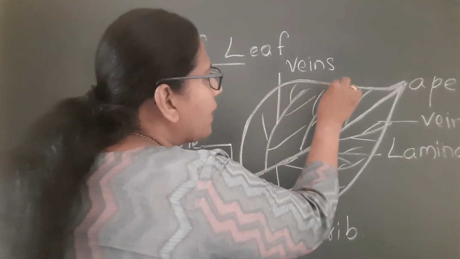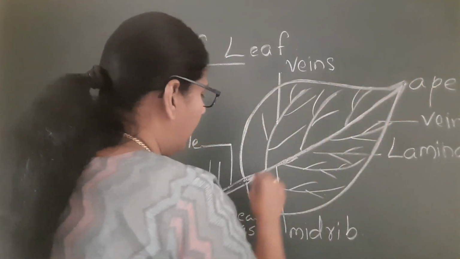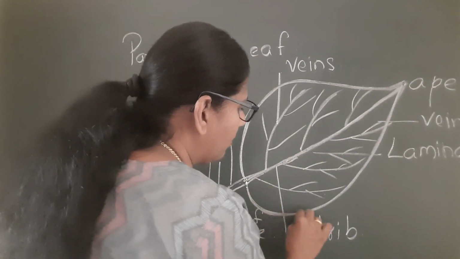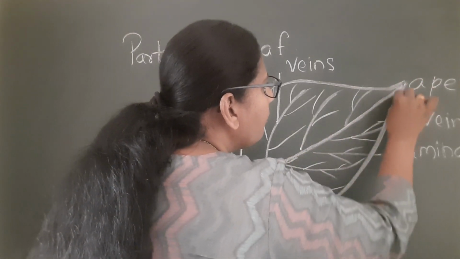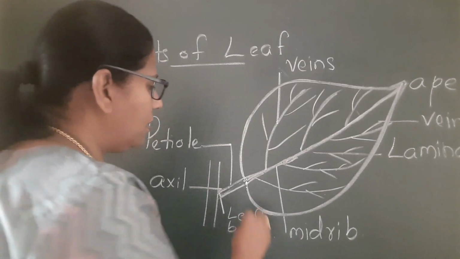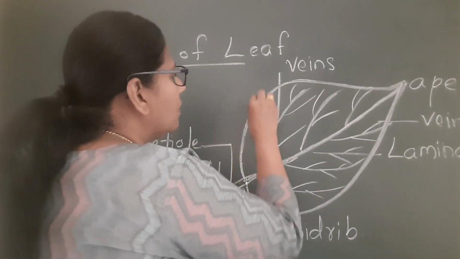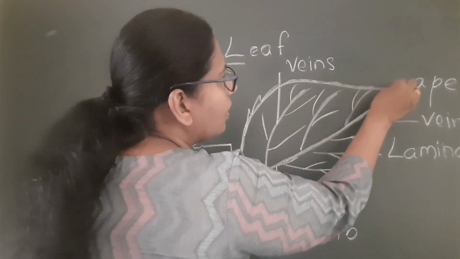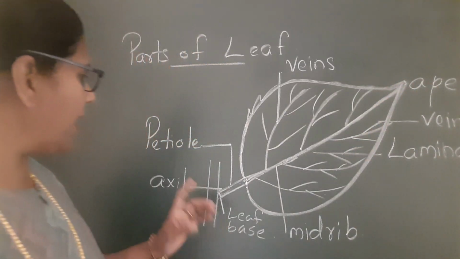This outside part is called leaf margin.